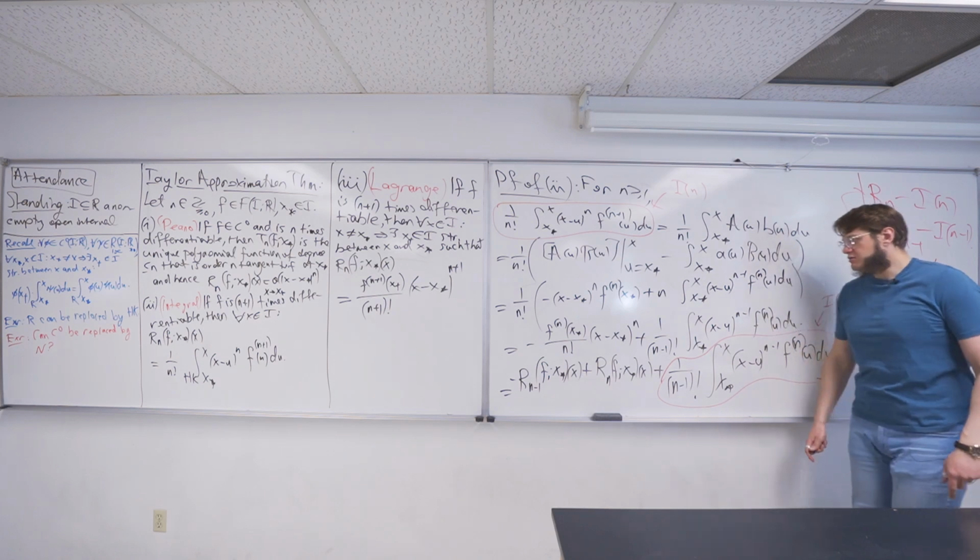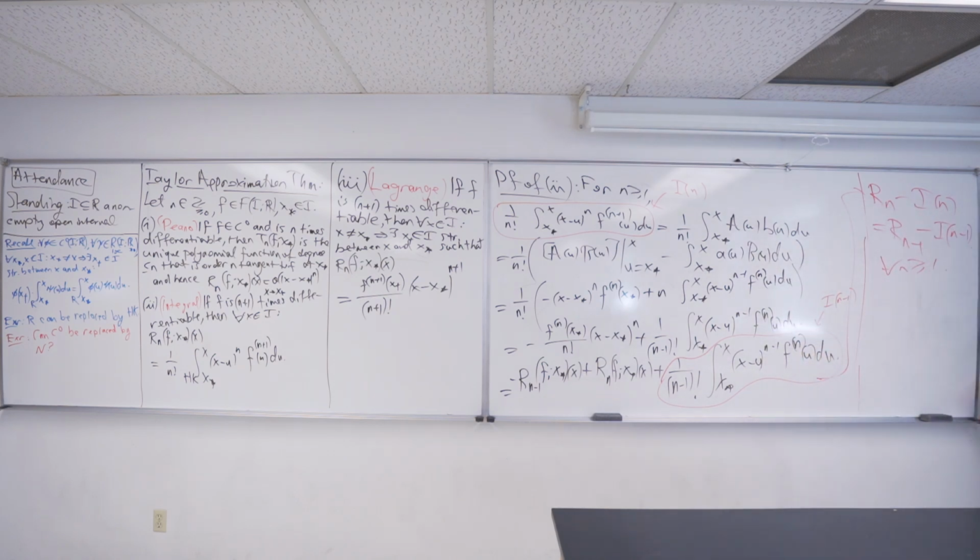Okay? And so this difference is independent of n. For n equals 0, that's going to be my base step. I know that r sub 0 equals I sub 0 by the first fundamental theorem of calculus.